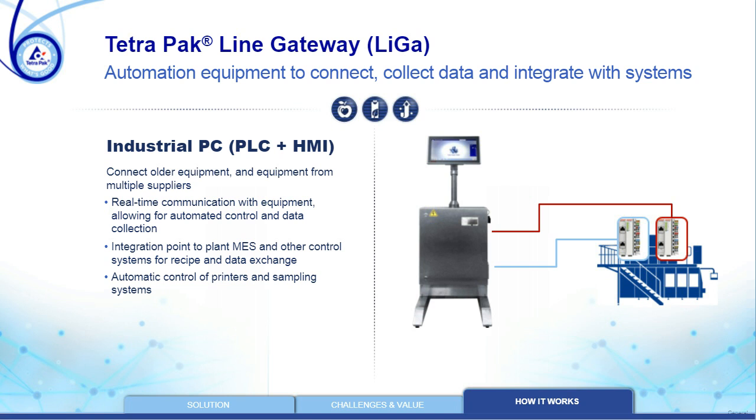And for those of you familiar with the term PLMS, the packaging performance, well, the line gateway works as the upgrade to your current filling machine to enable the data collection in form of PLMS. While it doesn't have the built-in capabilities of a Tetra Pak line controller, it does offer the native capabilities to control sampling plans and printer integration.